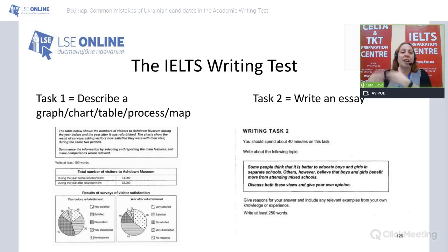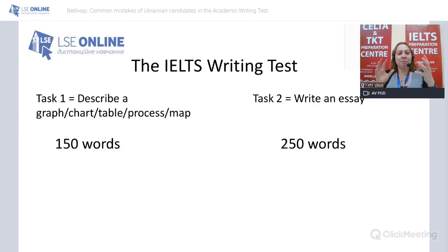There are different types of task 2 essay that you have to write. There are 2 parts, but they are not equally balanced. Task 1, you only need to write 150 words. But task 2 is 250 words.